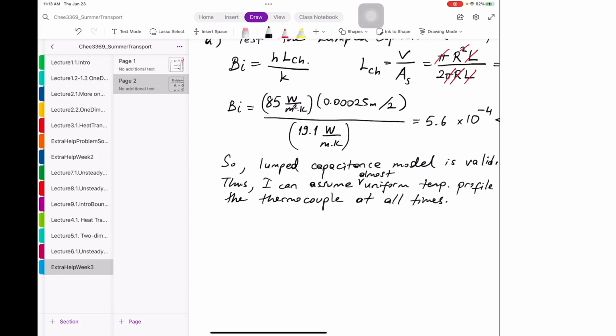It's going to change with time, but at each time, if you draw the profile, it should look pretty much uniform.